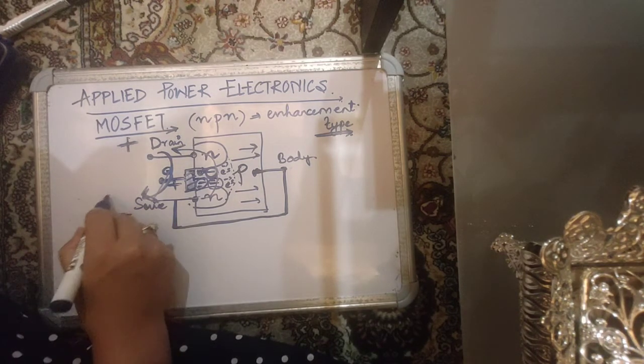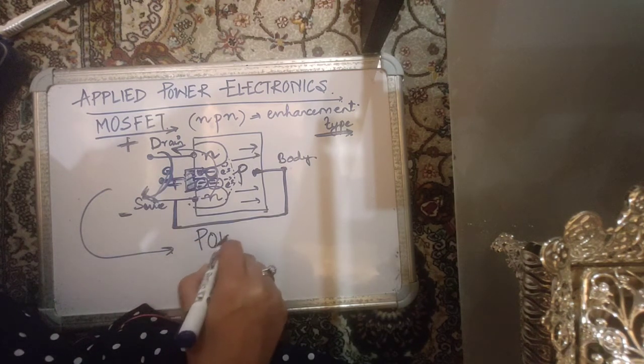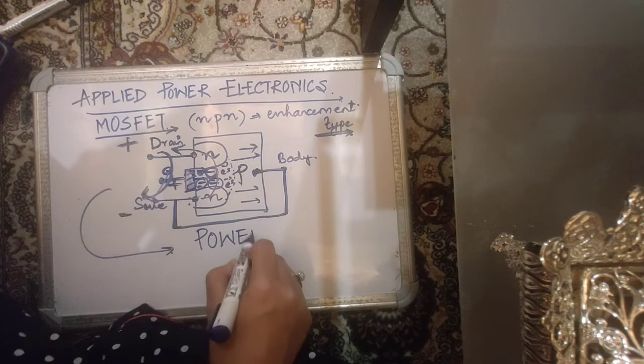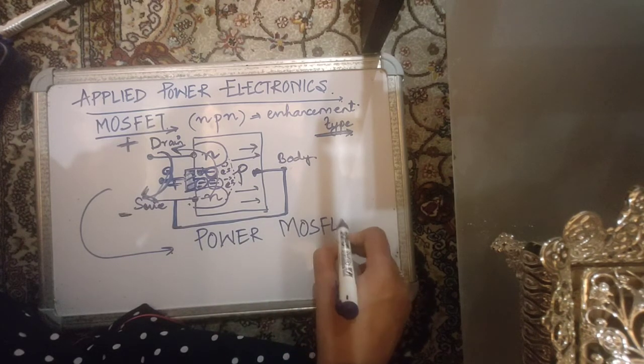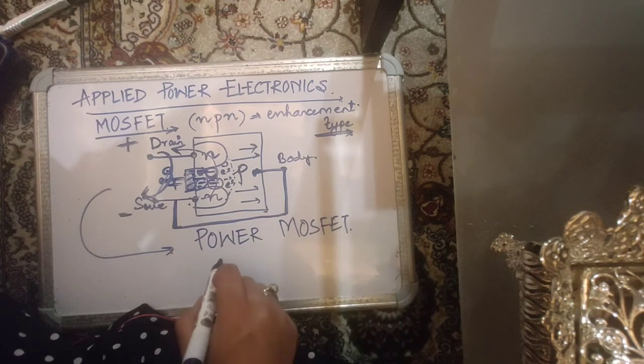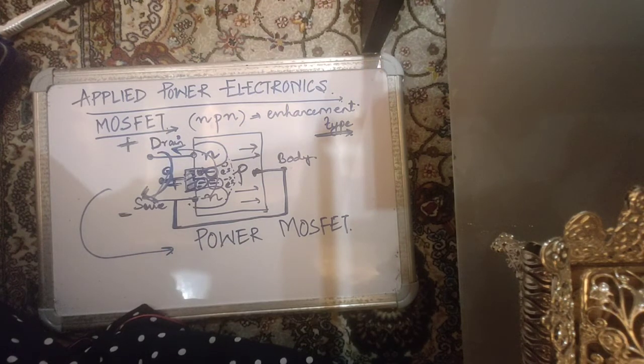So this was about a simple MOSFET. Now if we extrapolate this information and we want to design a power MOSFET, which is basically the same thing as a MOSFET, but it is available in high voltage ratings. That means it can block very high positive voltages, and it is supposed to conduct very high magnitude currents.